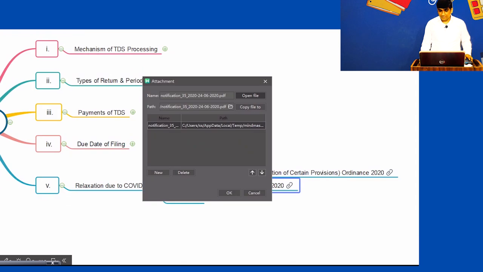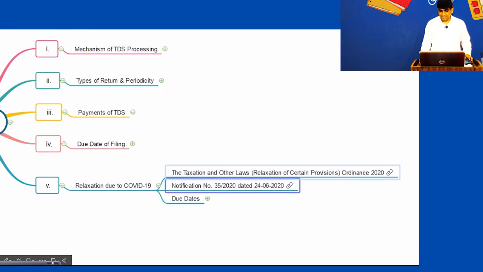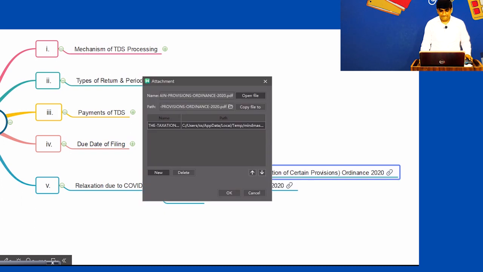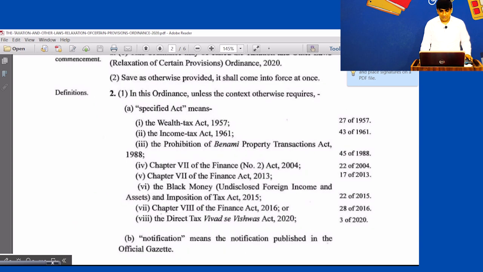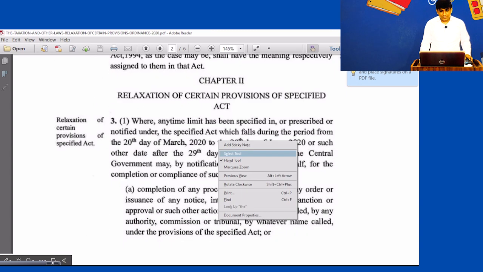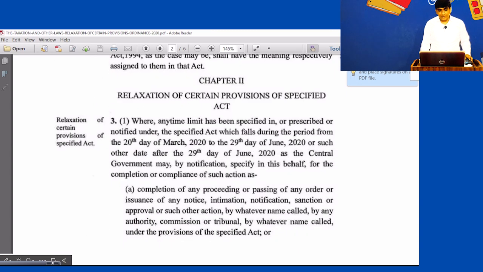in the ordinance, just a minute, I will show you once again. Here the period was 20th day of March 2020 to 29th of June 2020. This period is now extended up to 31st of December.